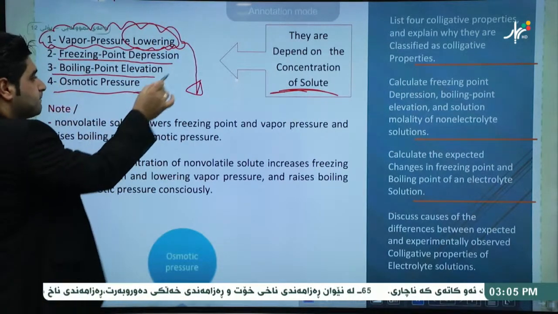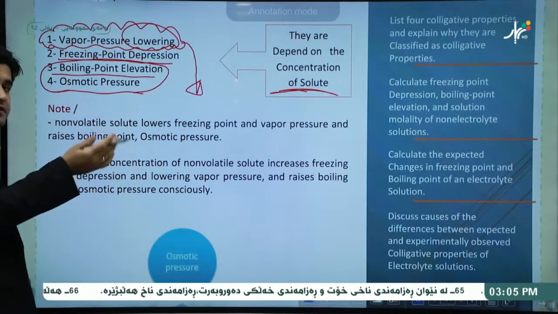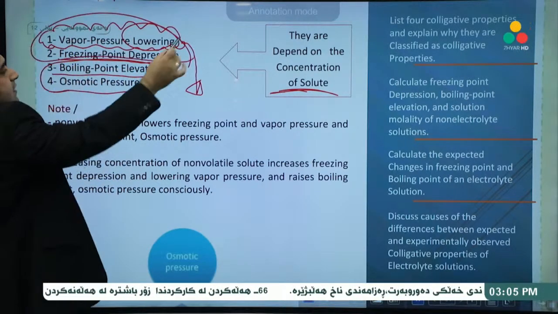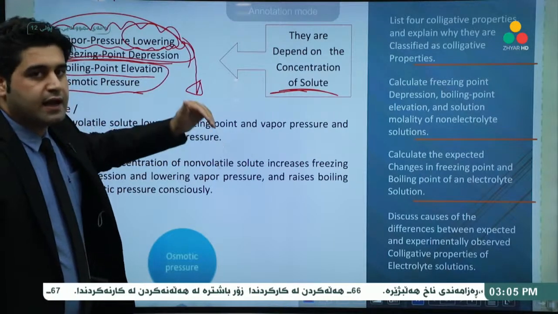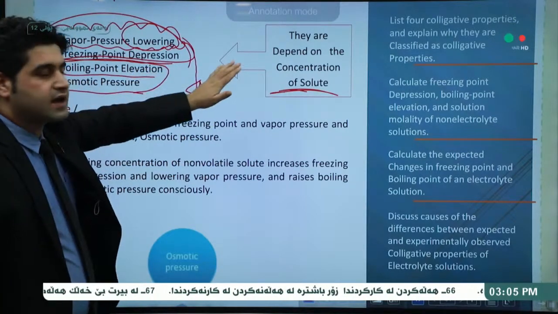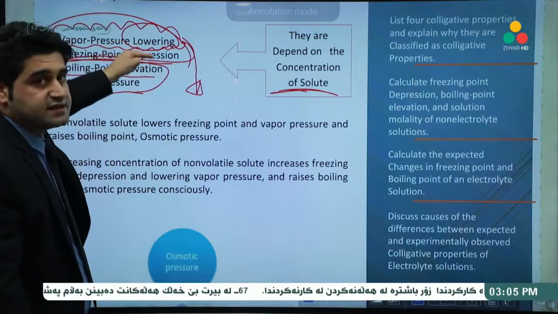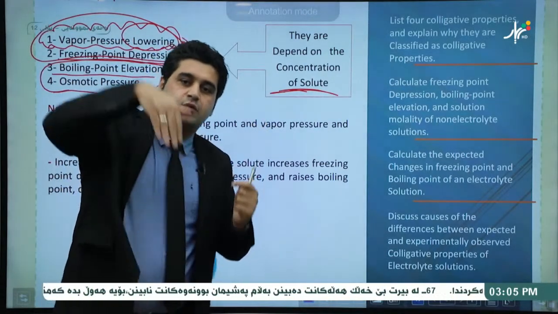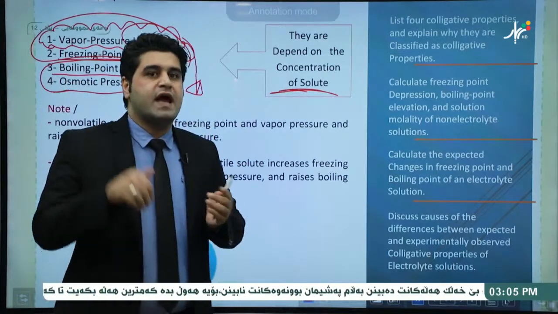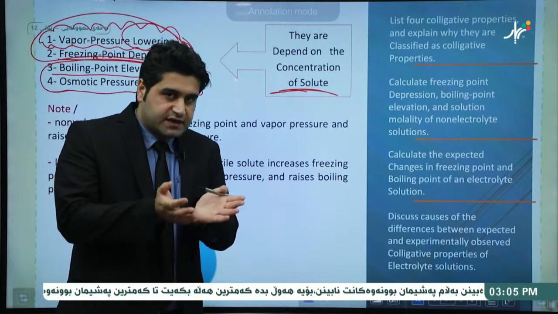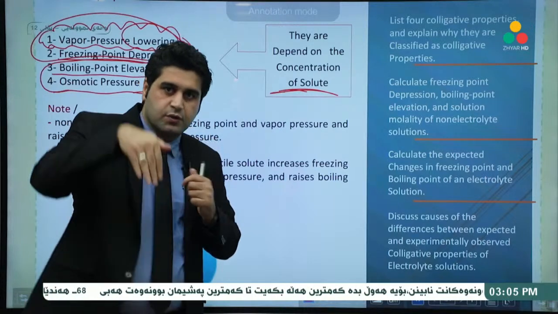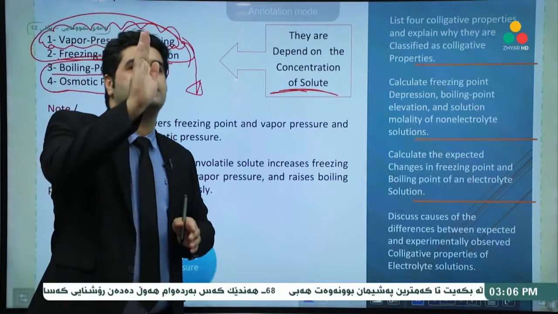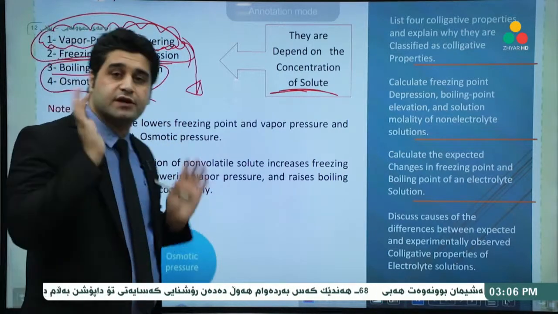So two of them increase with increasing concentration of the solute, and the first two also depend on concentration, but in terms of decreasing. It means we have lowering in vapor pressure; if we increase the solute, we will have more lowering. We have depression in freezing point; if we increase the concentration, we will have more depression. About the boiling point elevation, we will have more elevation, and we will have more osmotic pressure.